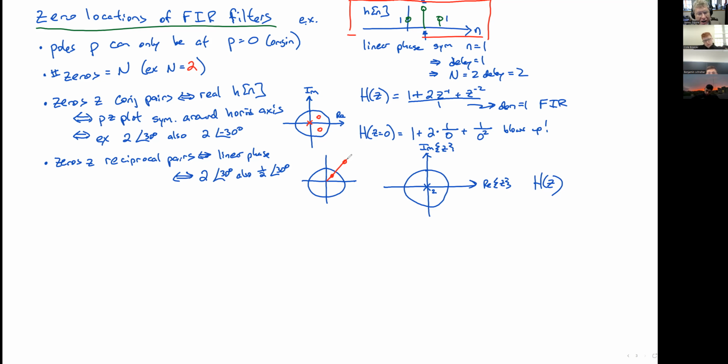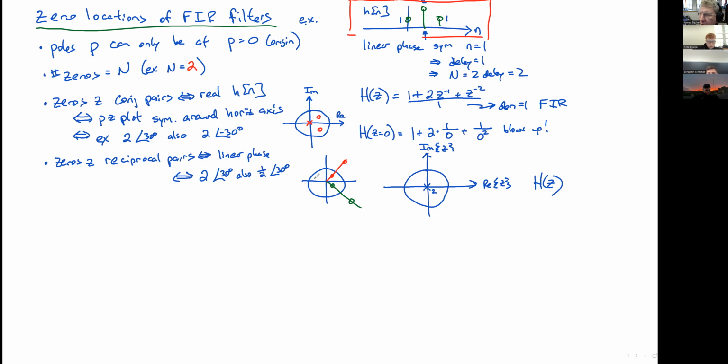However, because they appear in conjugate pairs, that means we also have one here, and we also have one out here. So just adding a single zero off the unit circle means we've got to actually add 4 orders to this thing.